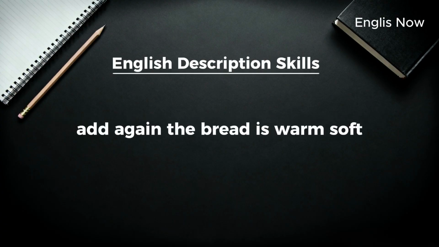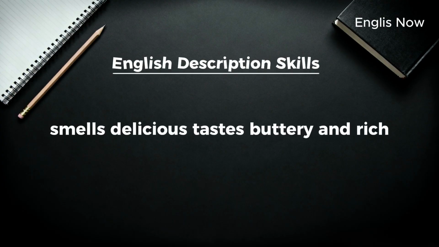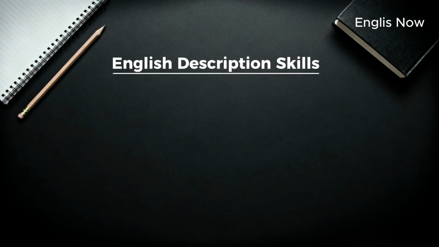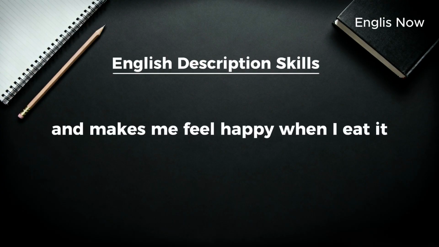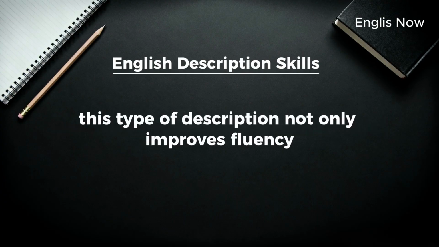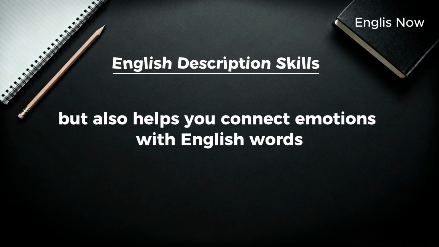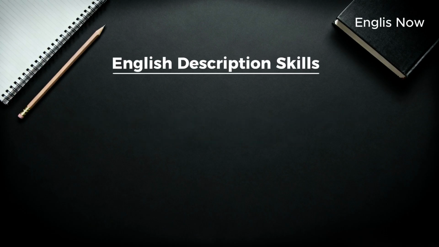Add again. The bread is warm, soft, smells delicious, tastes buttery and rich, and makes me feel happy when I eat it. This type of description not only improves fluency, but also helps you connect emotions with English words.